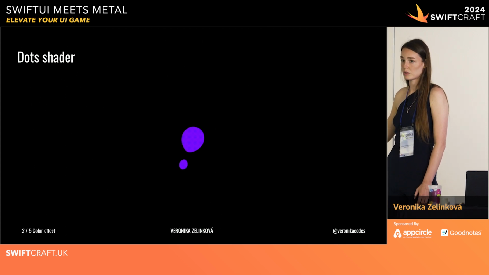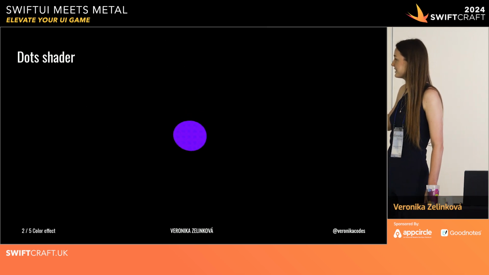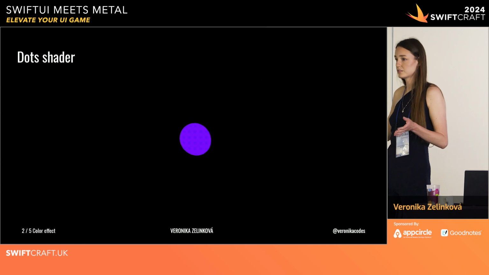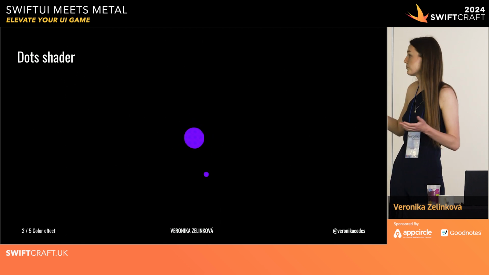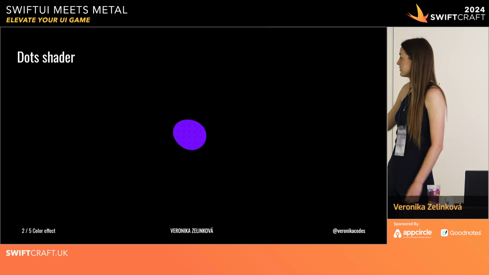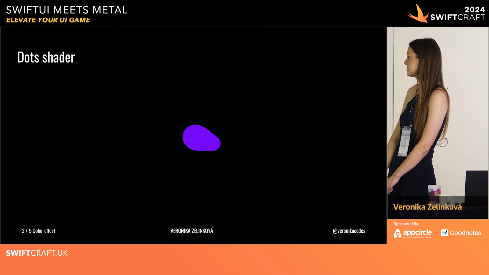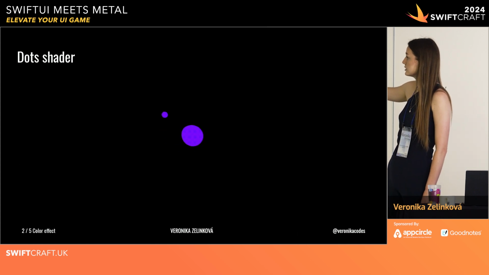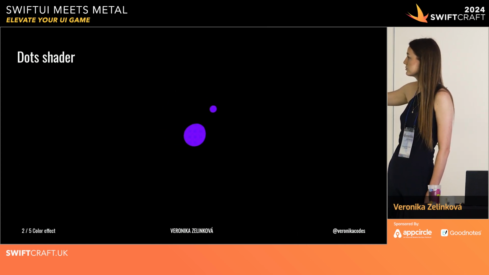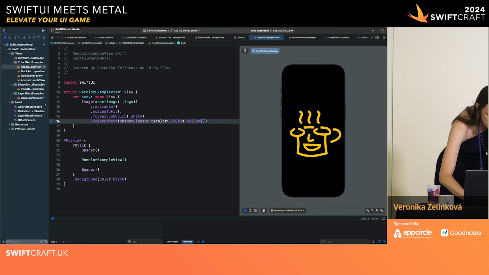Actually, what you can see here is not a SwiftUI animation. It's a 3D mathematical function which is visualized. There is a big purple circle in the screen center, and there's one small dot going around which we are moving by touch. Let me show that quickly in code.